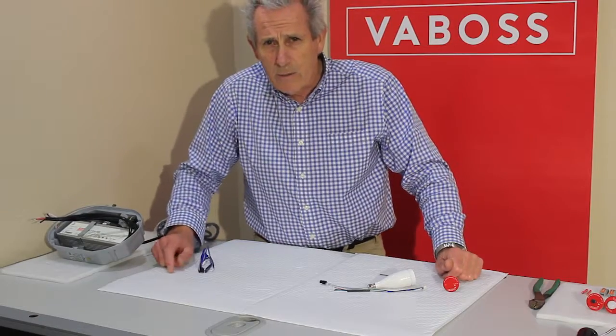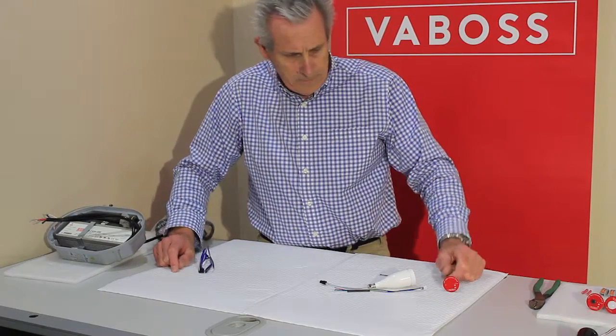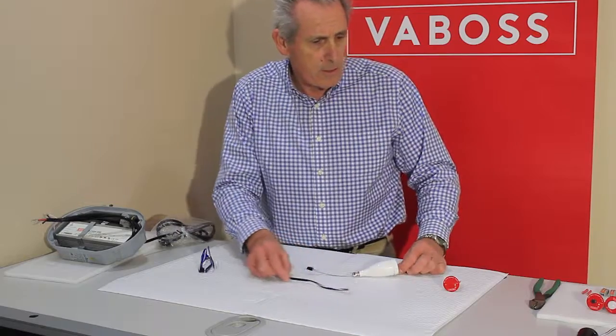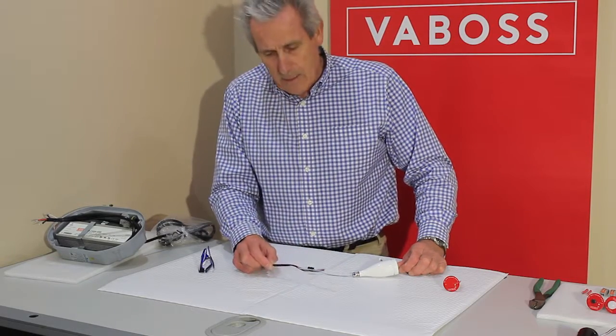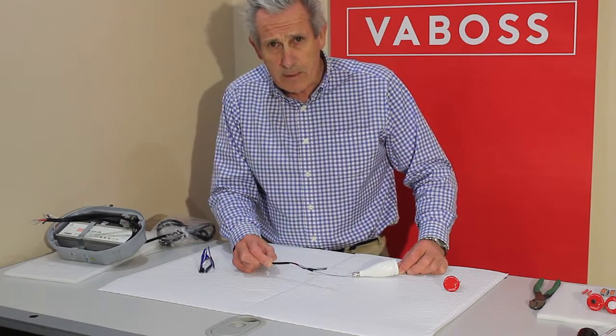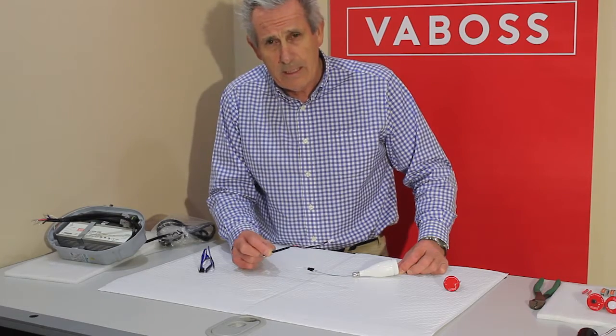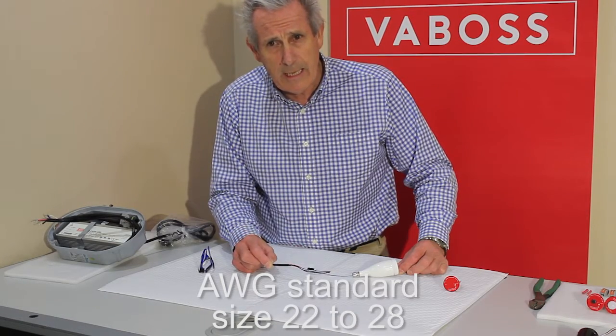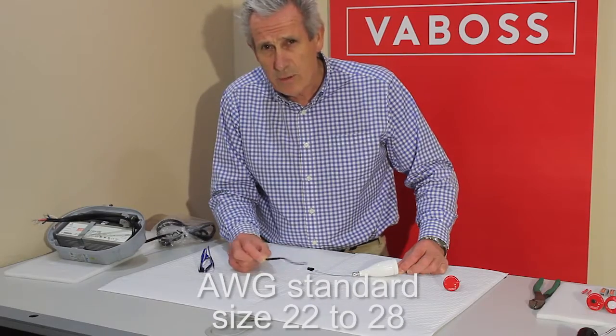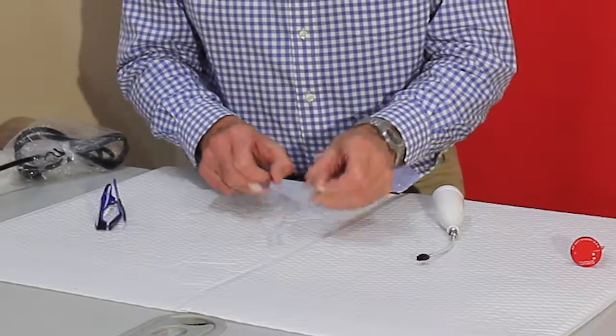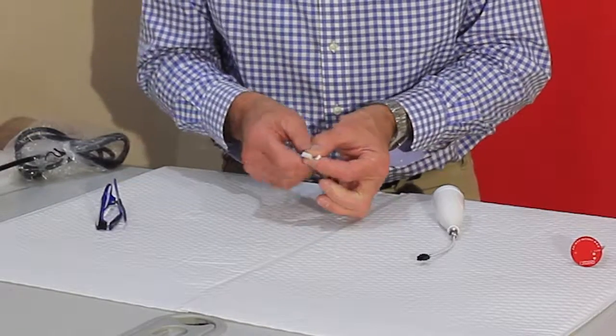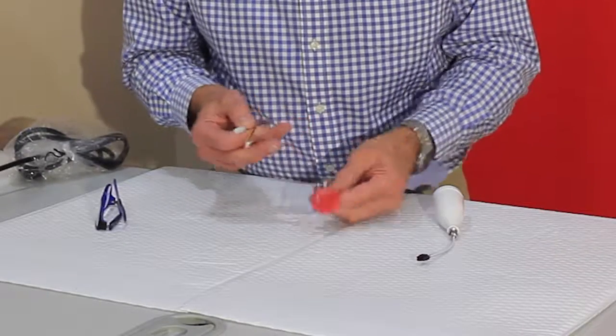Now I'm just going to talk for a moment about cables. It's absolutely essential that you use the right cables for a VABOSS lighting control unit. It's AWG standard, sized between 22 and 28. There are two options for plugs that plug into the back of one of these control units.